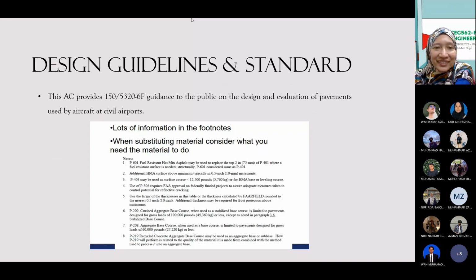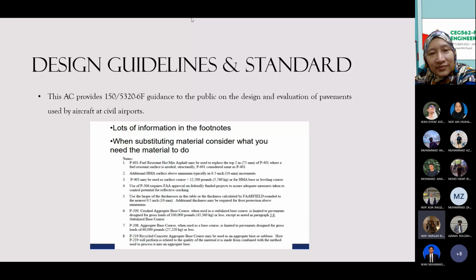Proceed. Madam, yang ni pun tak jumpa juga dalam artikel. Okay, yang ni you find out kan? Yang ni cari yang lain sebab tak jumpa dalam artikel. So design guidelines and standard.